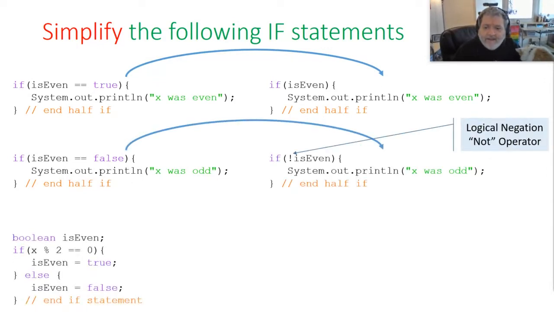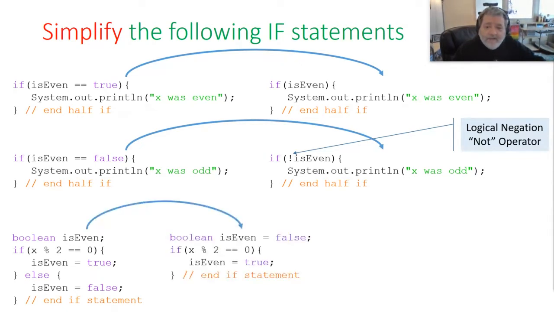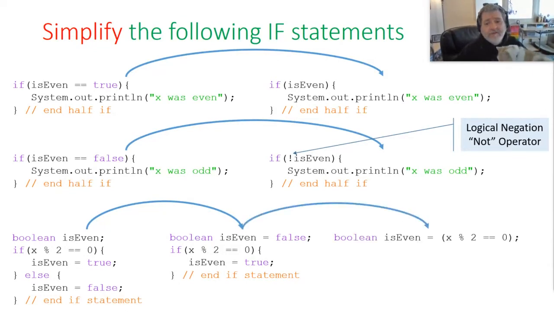So we saw all that, and then we saw also that sometimes you just want to store a value in a variable and test that, and you don't even have to use the if statement. If the whole goal of the if statement is to say, if something is true, put true in the variable, then put that something in the variable, and if it's true, well, then you get true. If it's false, you get false.